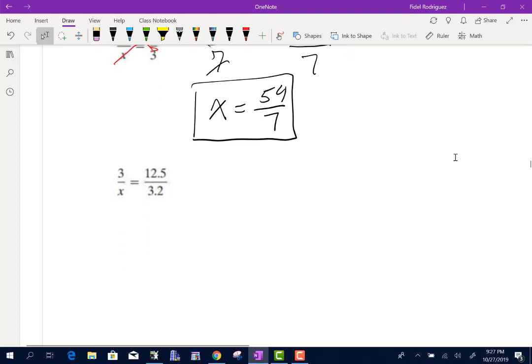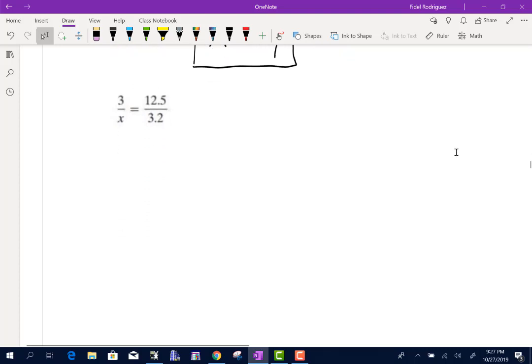Now, let's take a look at the next problem. Again, we'll go about it the same exact way. We're going to cross multiply. So x times 12.5 is 12.5 with an x. Then we're going to multiply 3 times 3.2.